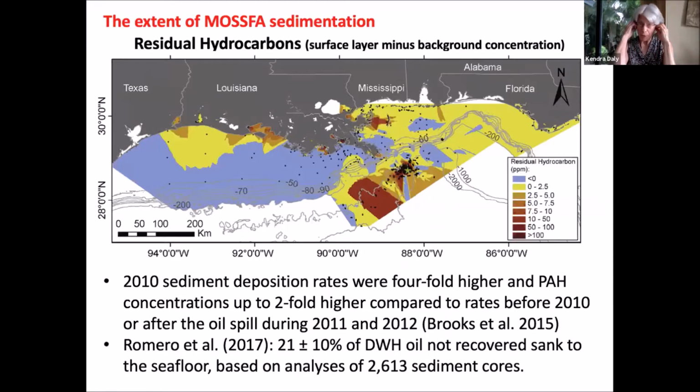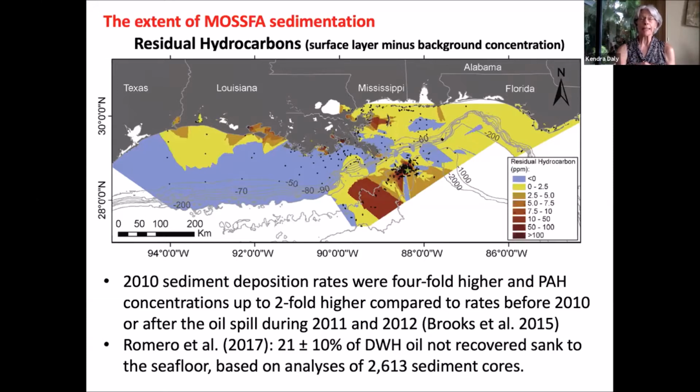And to help convince you that this was a major process, this figure shows the extension of the sedimentation event. This is a figure from Isabel Romero's paper in 2017, where she analyzed 2,613 sediment cores over this region and measured the oil hydrocarbons in the surface layer and then subtracted out the background concentrations that could be due to natural seeps.